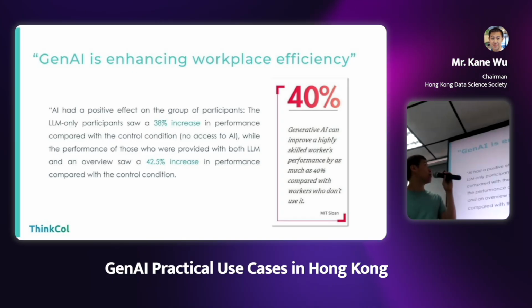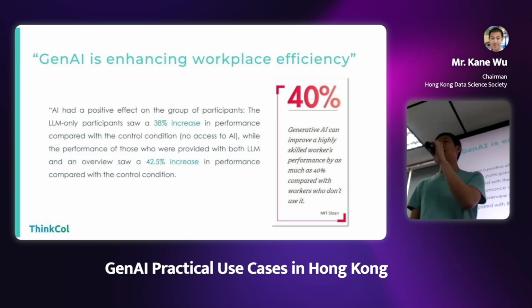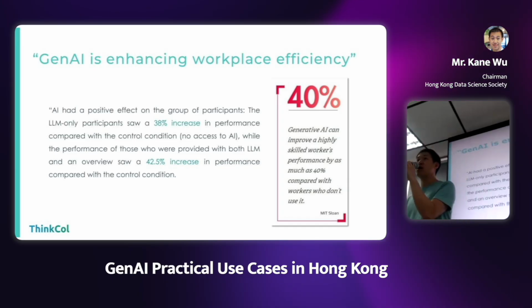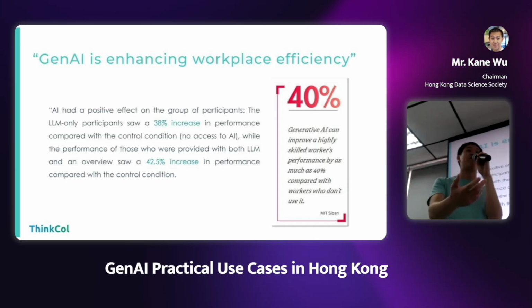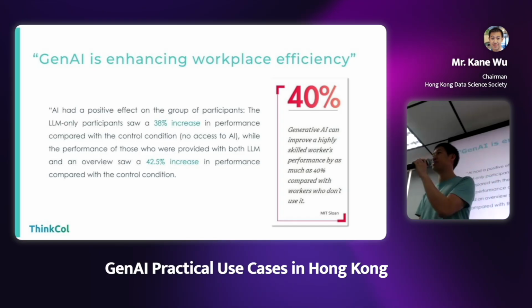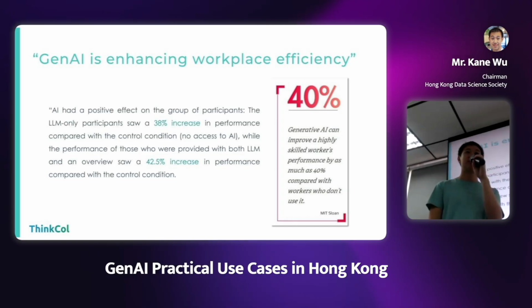So here, GenAI is enhancing workplace efficiency by 40%. A lot of times, after ChatGPT came out 2 years ago, do you think you increased your efficiency by 40%? Yeah, some people do agree.